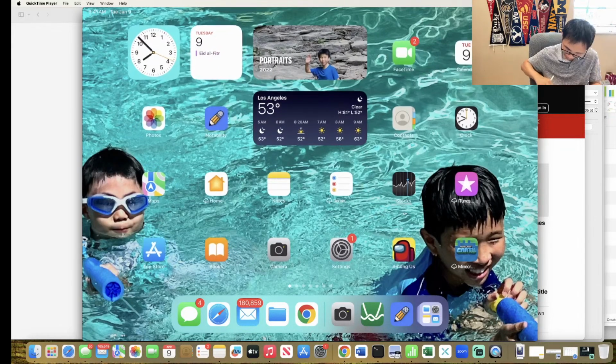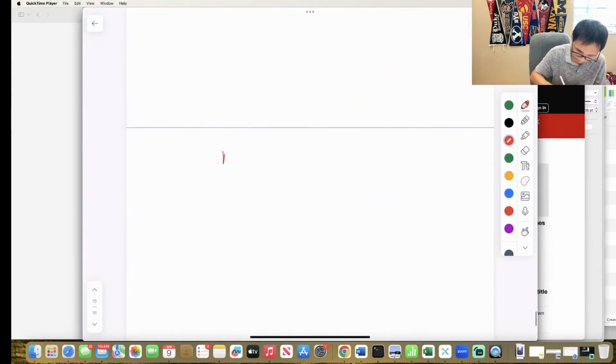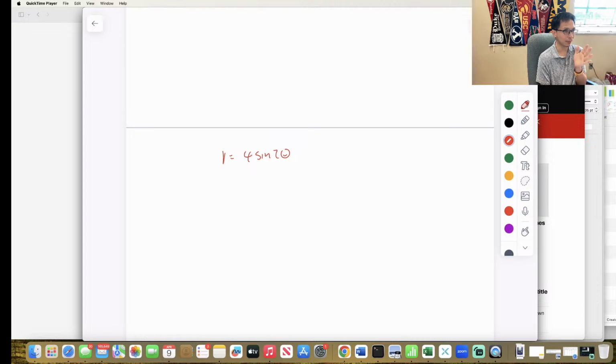So let me ask you these two questions. Which symmetry are they? r equal to 4 sine 2 theta. It will appear to have one or two types of symmetry, but it's only symmetric to one kind. The second one I want to ask you is r squared equal to 4 sine 2 theta. What kind of symmetry is that?